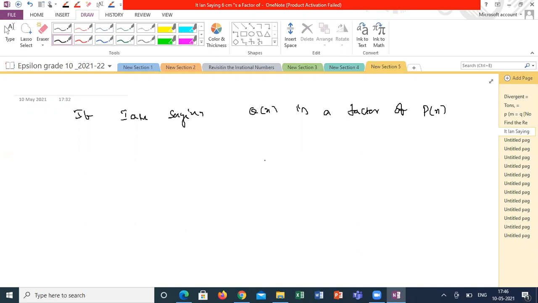Yes, sir. Now, if I am giving an expression 2x square plus 3x plus 1 and x plus 2, without the long division method, how can I say x plus 2 is a factor of this p of x? What theorem do I have to use? Remainder theorem. Yeah, using the remainder theorem.